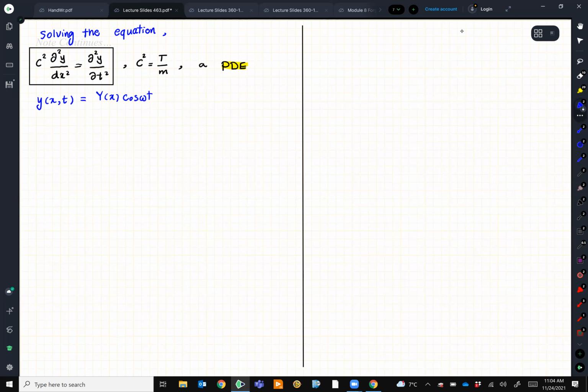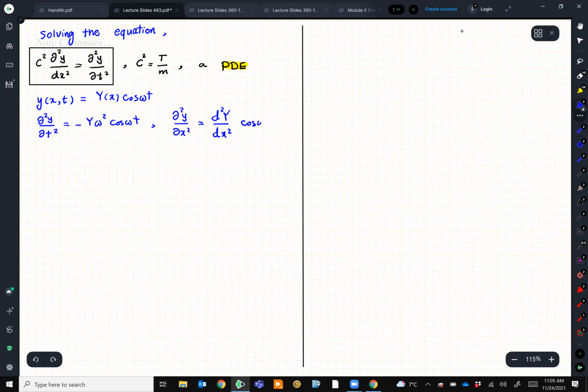Obviously, we need to take the derivatives, which we did last time. The derivative of y with respect to t gives me minus Y omega squared cosine omega t, and the derivative of y with respect to x, of course the partial derivative, gives me the derivative of Y with respect to x times cosine omega t.